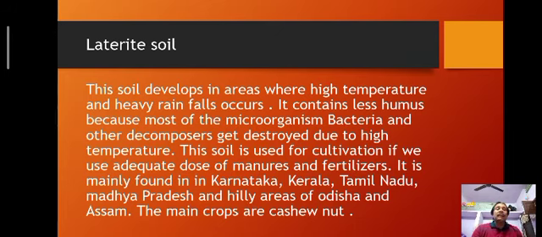These areas have developed irrigation facilities, and due to that they are even capable of producing cashew nuts, basically in Kerala. So this is the most important soil for the southern part of our country.